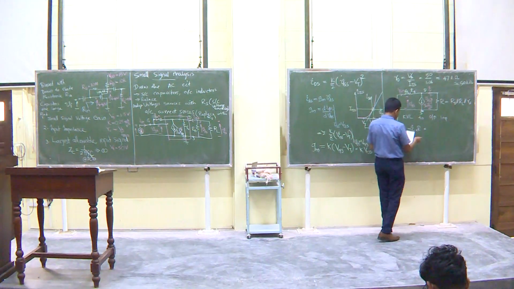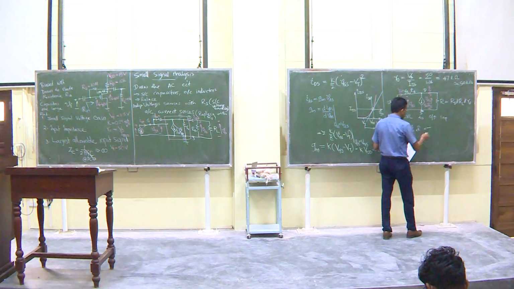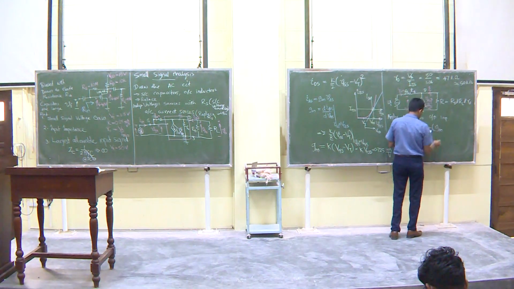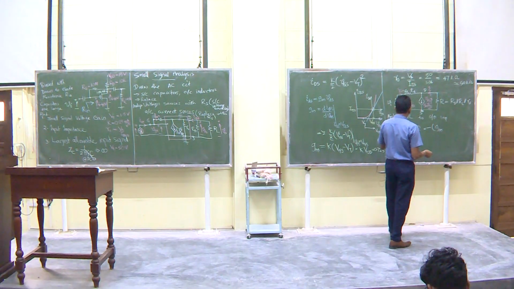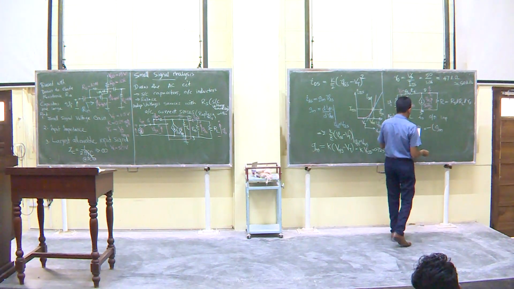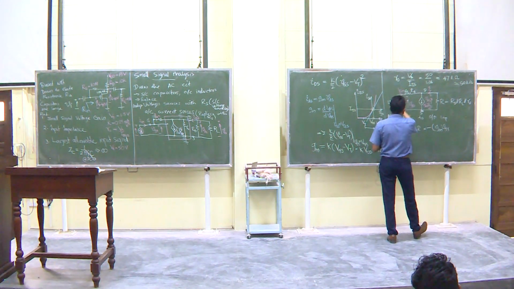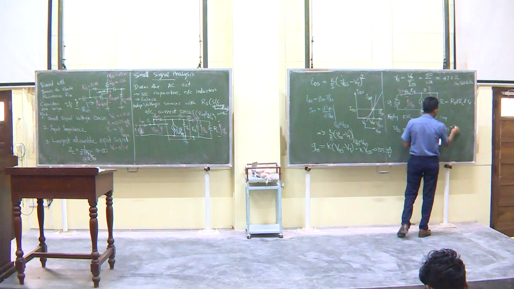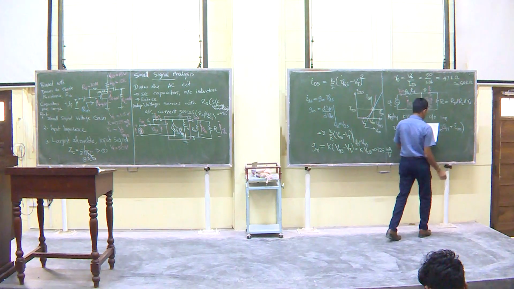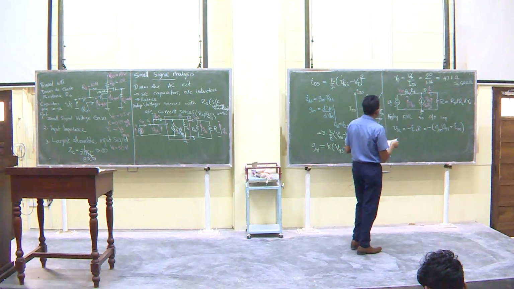So this is minus gm VGS, that's this current, plus I in. I have written minus I in, but it should be plus I in, right?